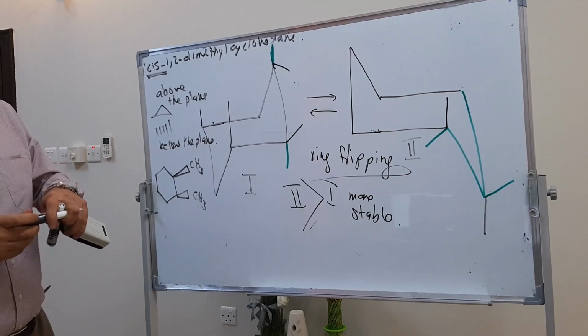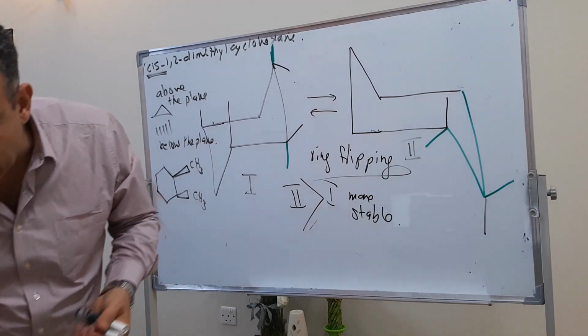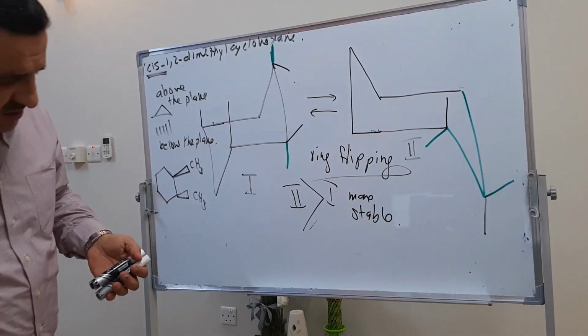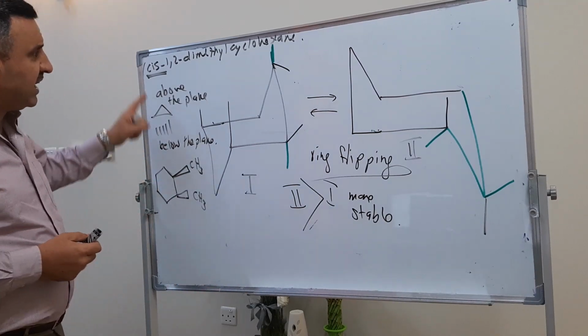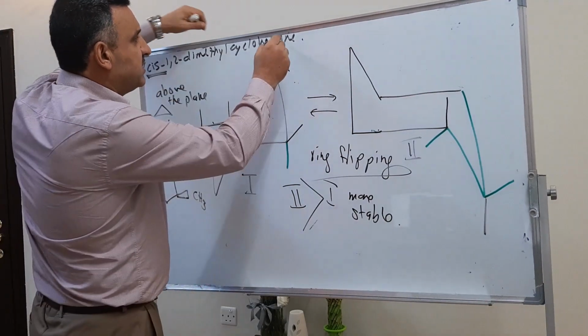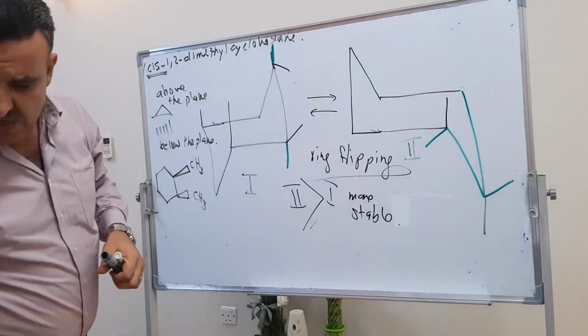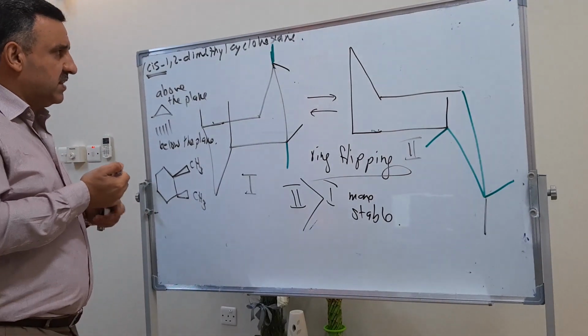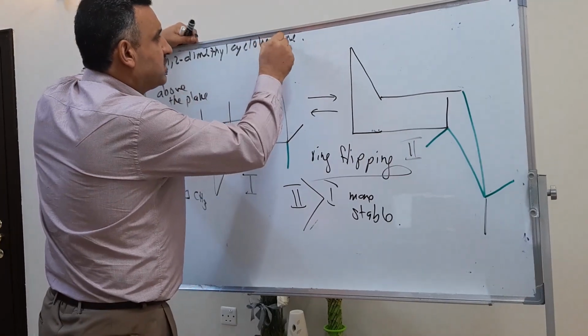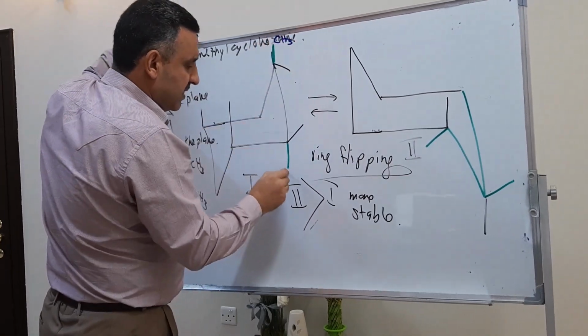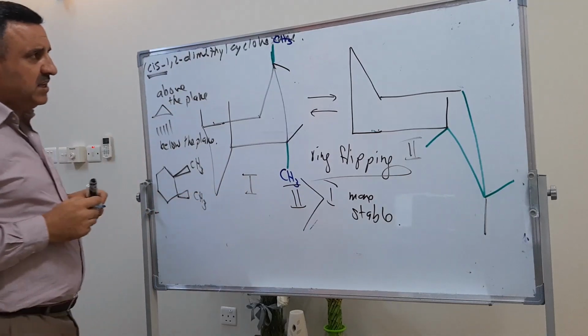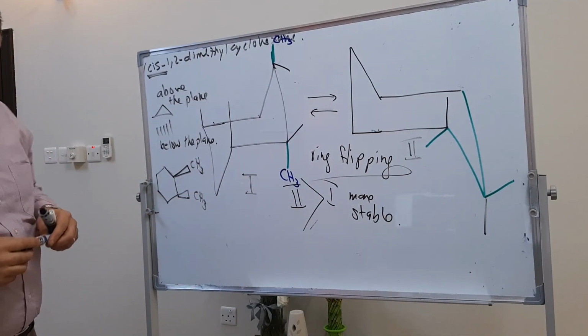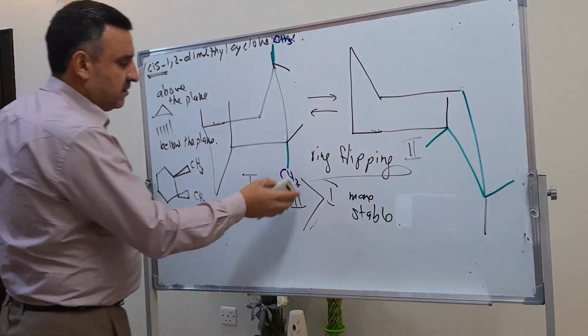Now, we have here 2 methyls. So there are 2 options. For the 2 methyls to stay cis, I'm just using different colors for the methyls now. Here I will use methyl, and this is methyl. So as you can see, these are trans, I'm very sorry.